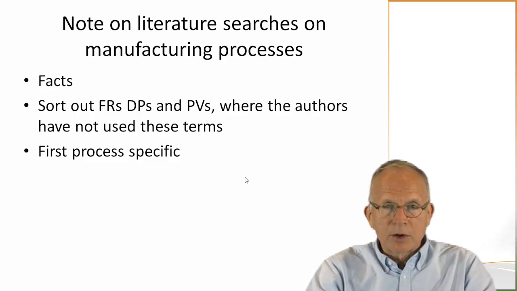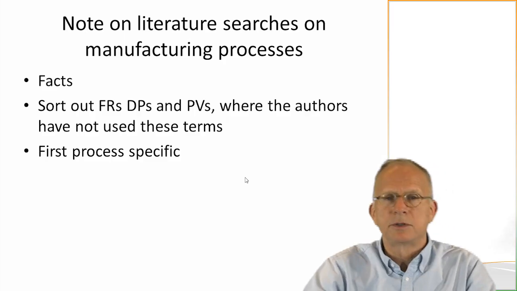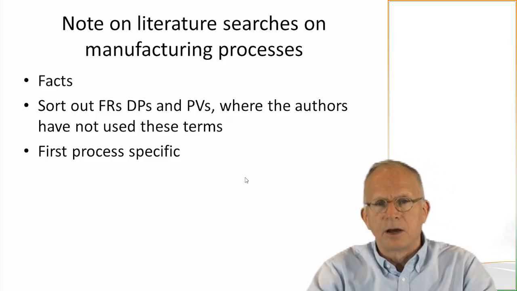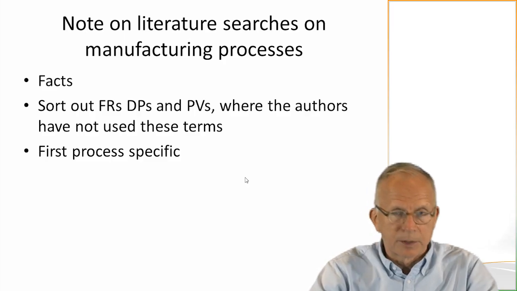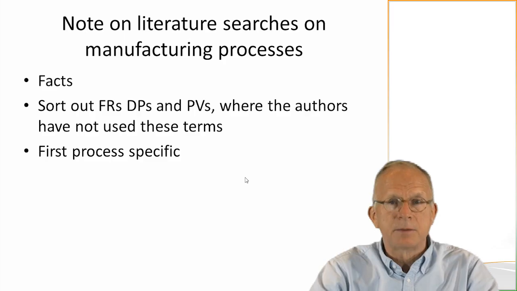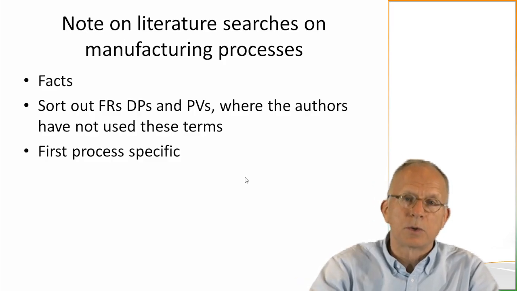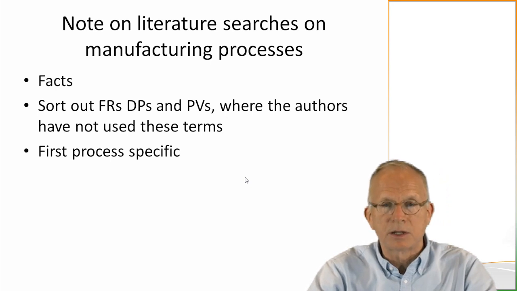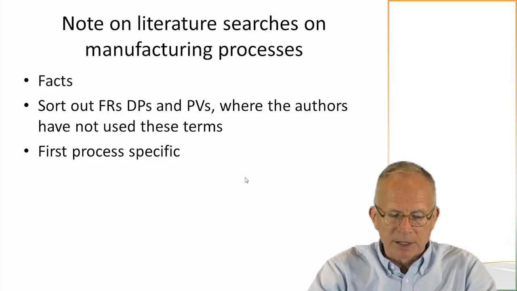But generally you have to look and see who's used a similar method, a similar analysis, similar materials, or looked at similar processes, and try to sort out in a kind of multi-dimensional space where the works are that are closest to what you're doing in each of these dimensions, like methods, analysis, materials. So first you start off being process specific.